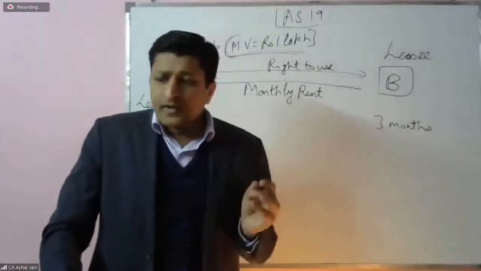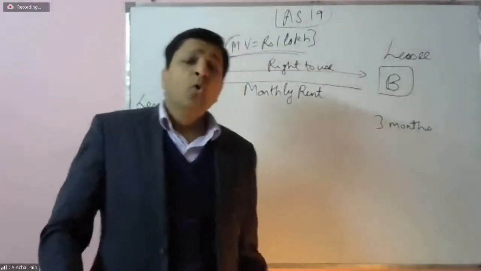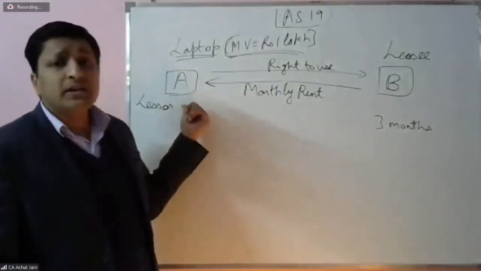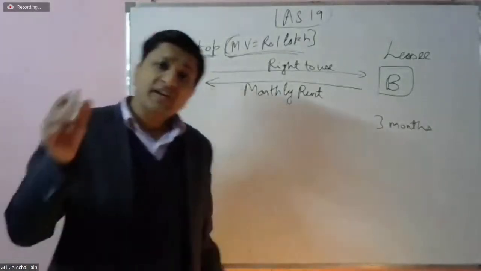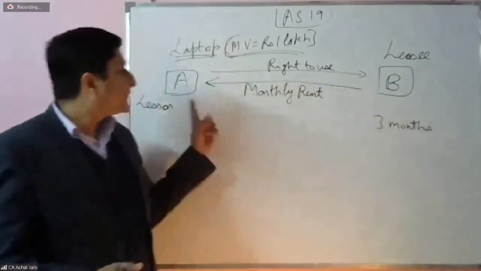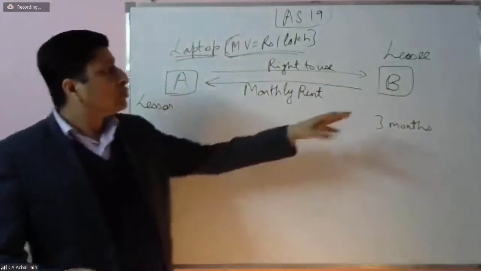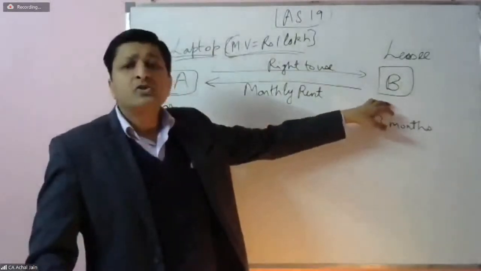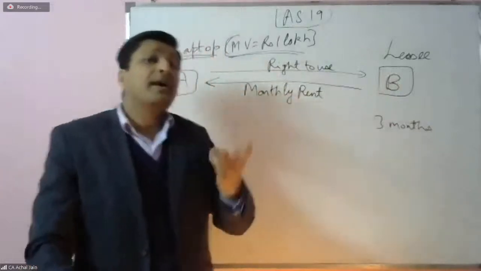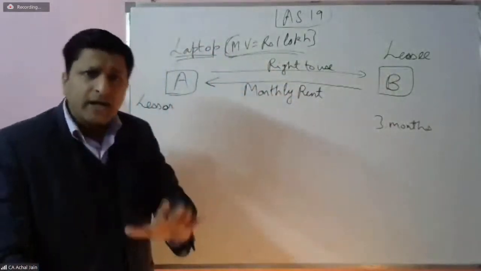Yes or no? Who will have those economic benefits? All the economic benefits associated with the laptop will remain with A. Only for 3 months, those economic benefits have been passed on to B. But in return, A has also been paid for this. Correct?